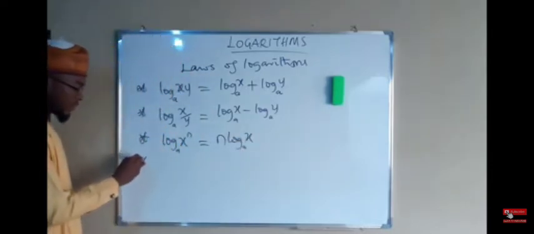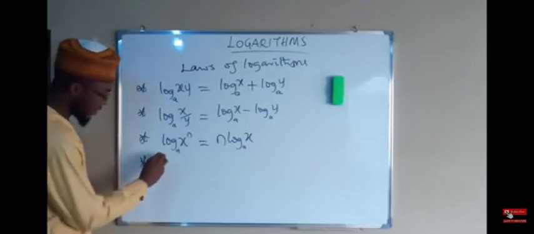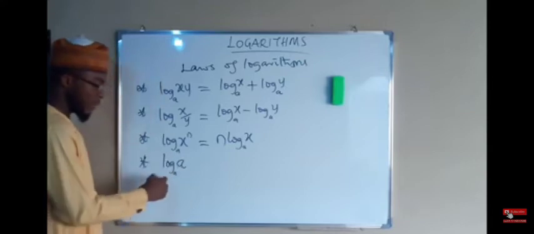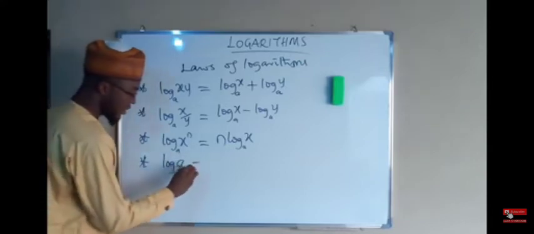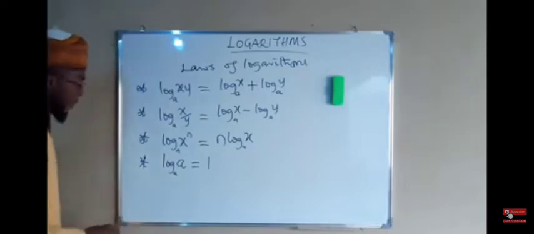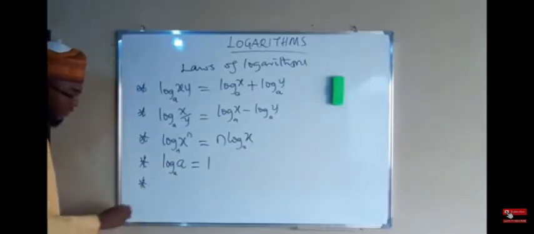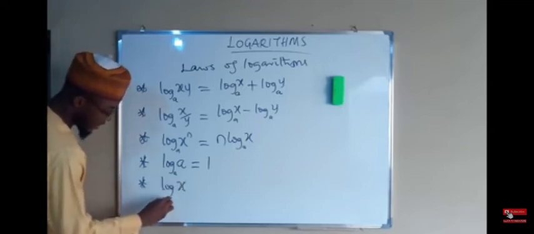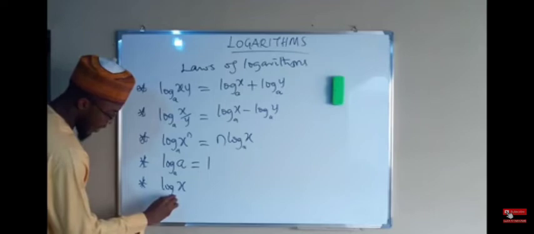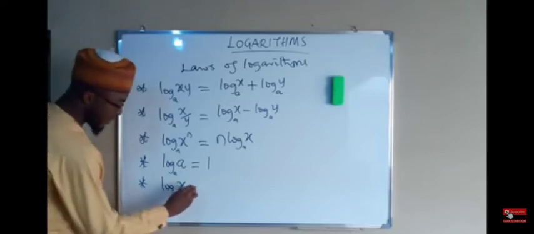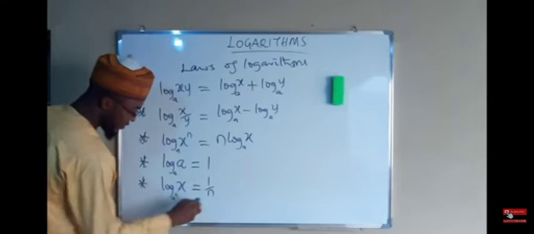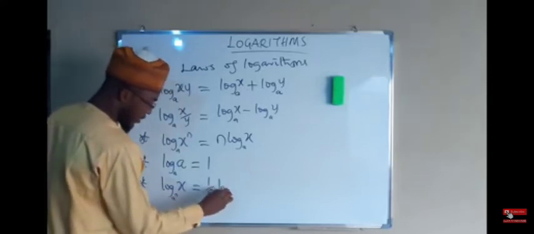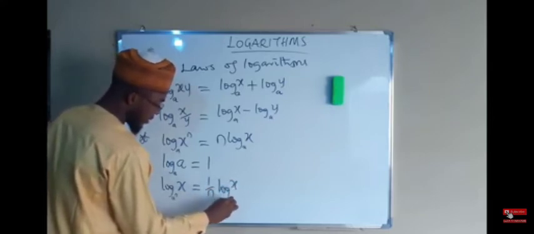We have another law which says if you have the log of a number a having the same base as the number, it is equal to 1. We have another one that says if you have the log of x base a to the power n, this is the same thing as 1 over n times log of x base a.